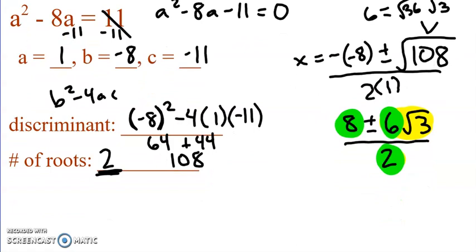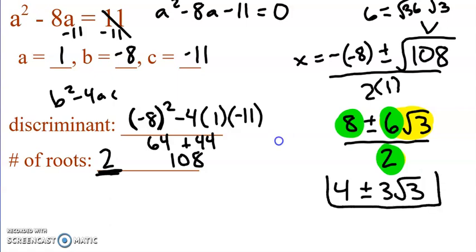So we can do 8 divided by 2 is 4, and we can do 6 divided by 2 is 3. So this becomes 4 plus or minus 3 root 3. So we still have 2 real roots, but we've got a radical in our answer.